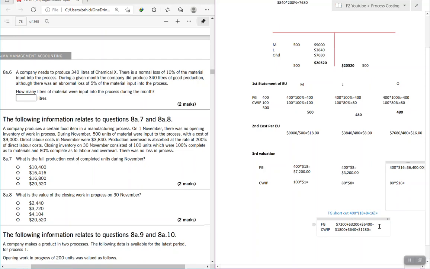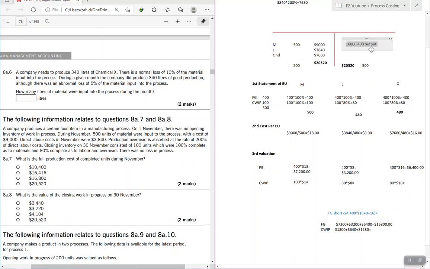All of them together, we have 16,800, or you could just add them together, multiply by 400. Remember, it doesn't always work, especially if you have opening work in progress using FIFO method. In this type of question, when you don't have opening work in progress, you can find it like this, or if you're using average method. So 16,800 is the value for 400 units output.